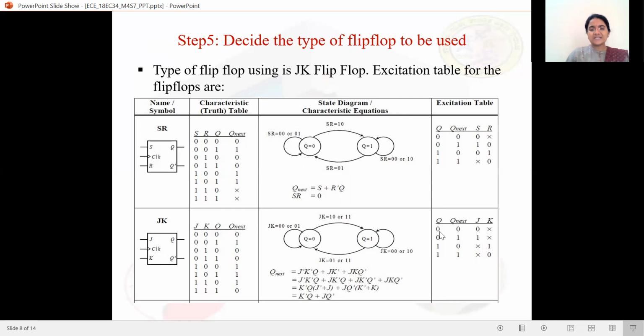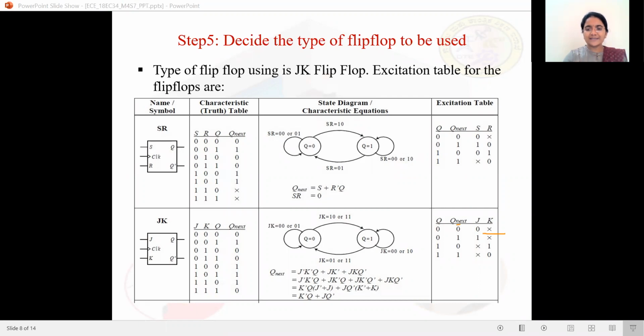When the present state is 0, and if you want to get the next state as 0, what should be the JK inputs? If you want to get the next state as 0 and the present state is 0, we have to input JK equal to 00, or K equal to 1.